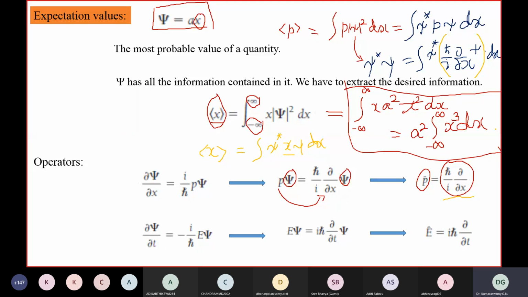This was taken from the integration from minus infinity to plus infinity of psi square dx, from the definition of probability density. And this x was included to take the average value at that particular position. From this, we rewrote this. This can also be written as psi star psi x dx, or x into psi star psi dx.